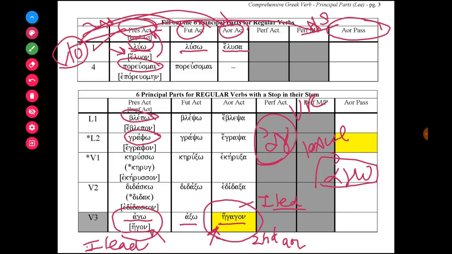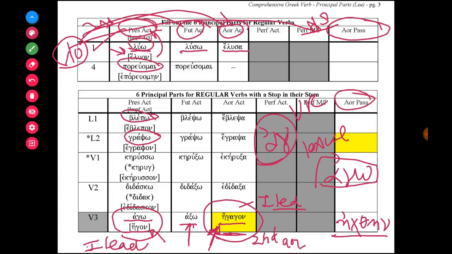I'm memorizing that first person form. I'm memorizing axo. I'm going to memorize agagon as the second aorist active form, and I'm going to memorize echthen, although this is something we would expect, as the aorist passive form.